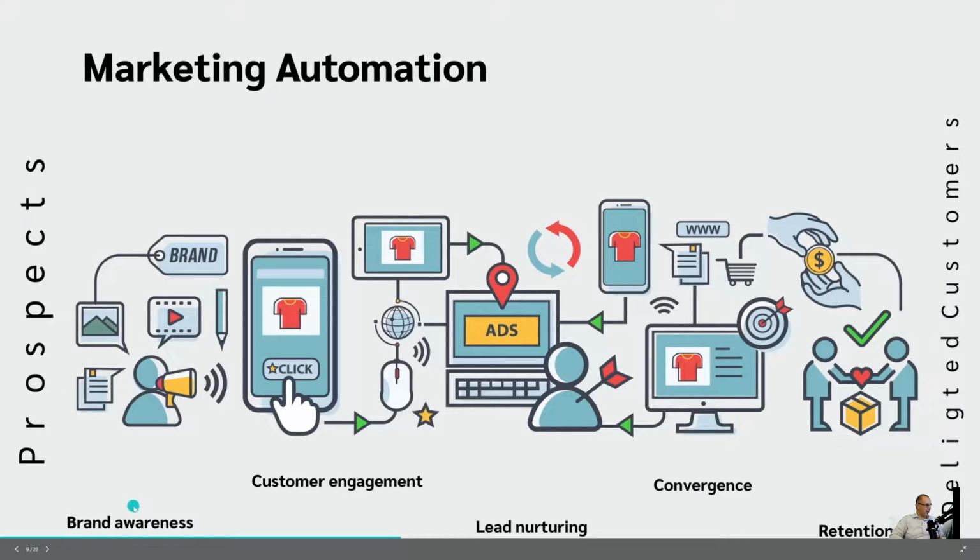Let me read it from the bottom. Those are the 4 stages of the customer life cycle: brand awareness, customer engagement, customer conversion, and customer retention. And this part here, called lead nurturing, is where you nurture the contact so that you can convert them after the engagement.